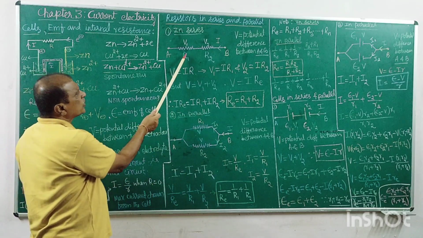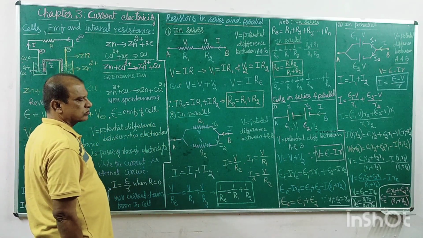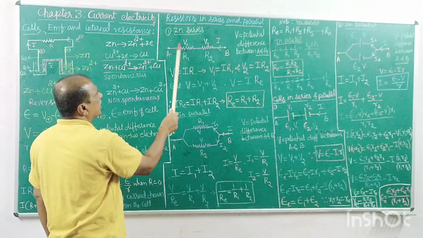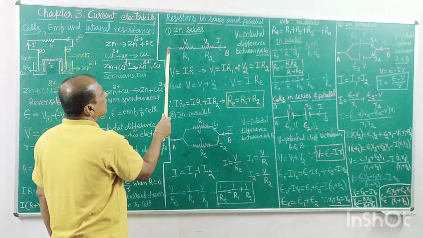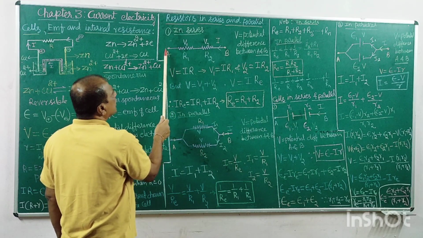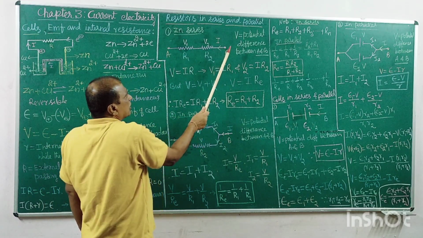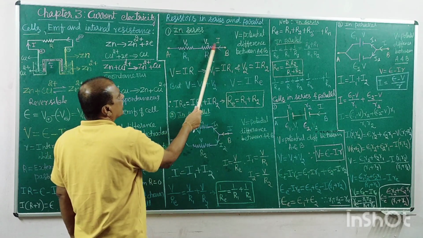What is the effective resistance by this combination? If this is a conductor, between A and B, the potential difference between this point and this point is, let us say, V. There is always a potential difference for a flow of electric current.